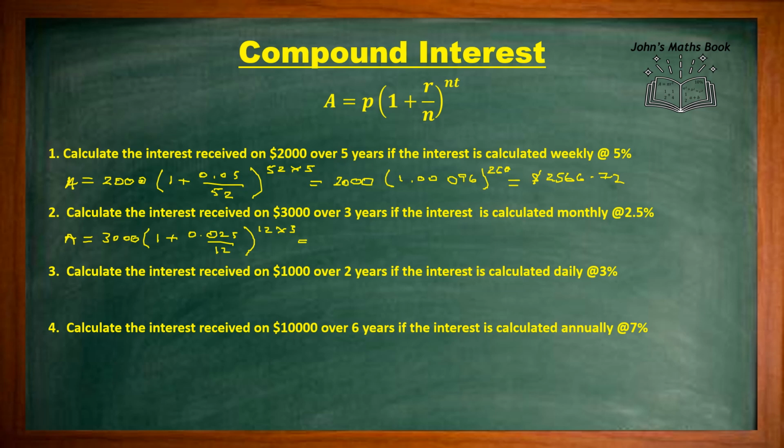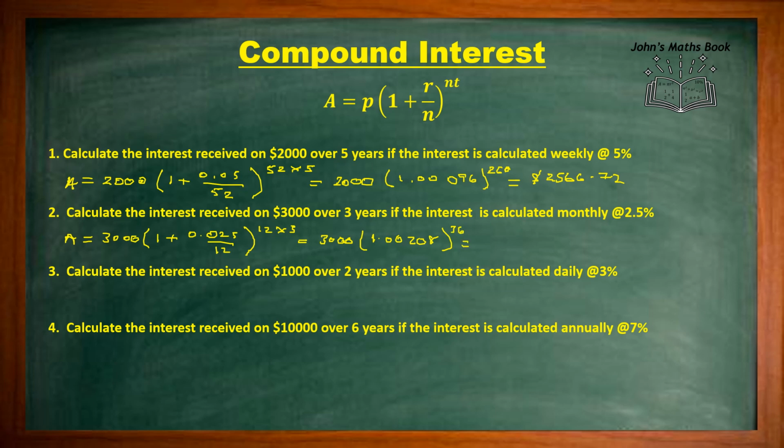So that equals 3,000 multiplied by, now the bracket part works out to be 1.00208 to the power of 12 times 3, which is 36.